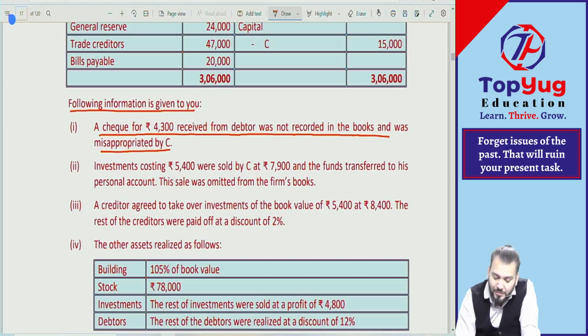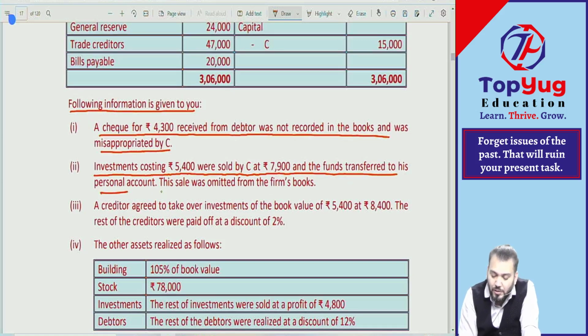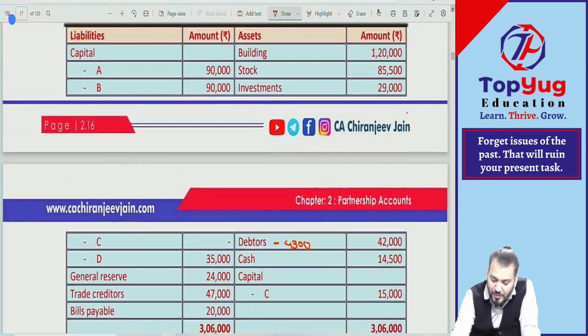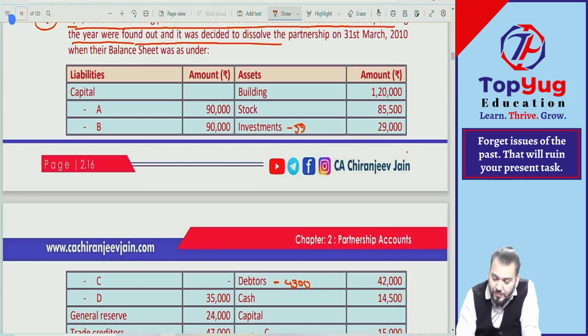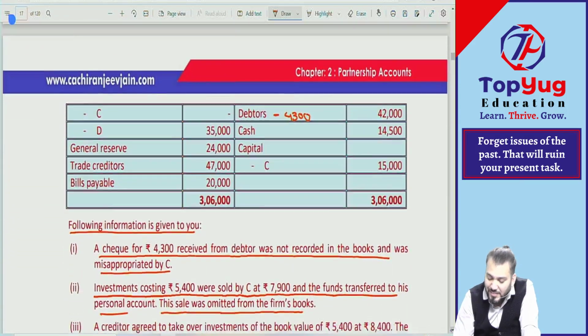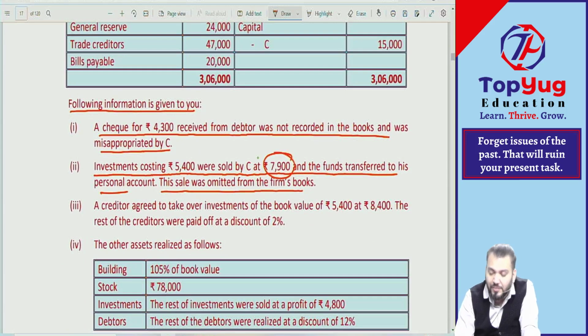Investment costing rupees 5,900 was sold by C at 7,900 and the funds transferred to his personal account. The sale was omitted from the firm's books. So out of the investment of 29,000, 5,900 was taken over by C at rupees 7,900.